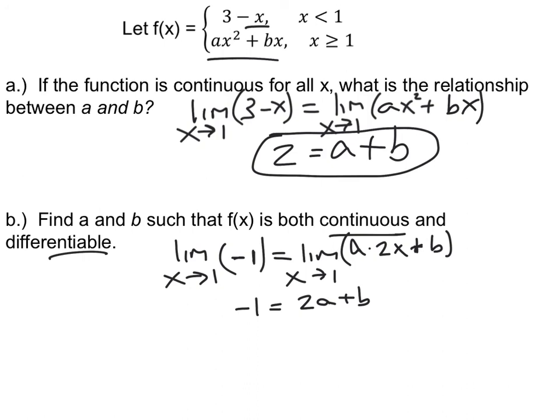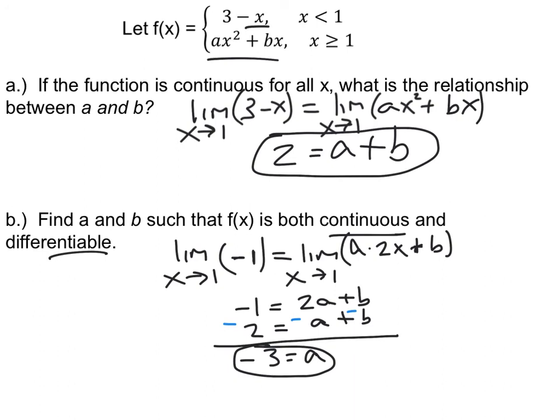So now, how do I solve for a and b? I've got a system of equations that I can set up. There's my relationship between them from continuity. I'm going to subtract the two equations or multiply through by negative 1, and it looks like I get negative 3 equals a.